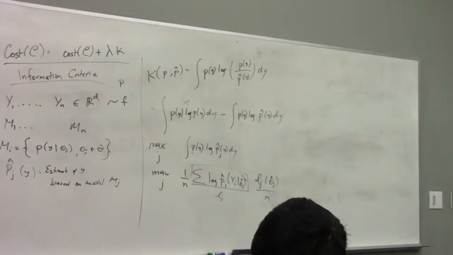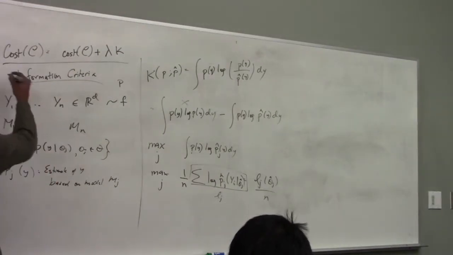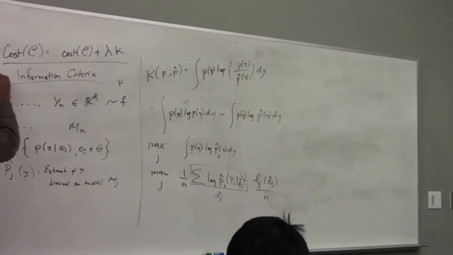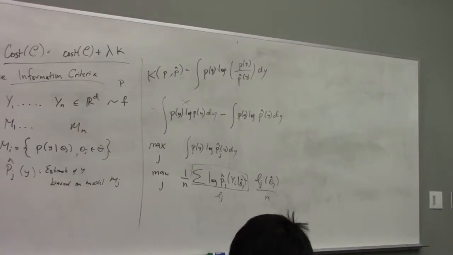With a bit of work, you can show, and I should say that this one is called the Akaike information criterion, after the Japanese statistician who invented it. What he showed was that you can estimate the bias of this estimator.